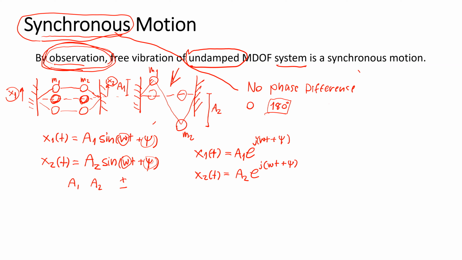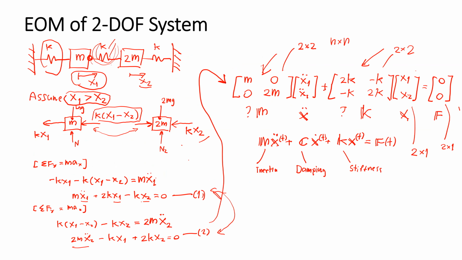From observation, we know that if x1 is A1 sine(omega t plus phase angle), x2 should be another magnitude multiplied by the same sinusoidal function. With this knowledge, if you still remember the equation of motion, we're going to apply this assumption to the equation of motion.